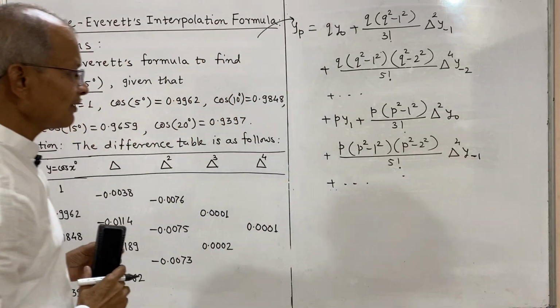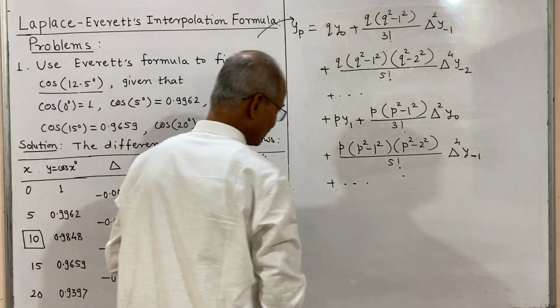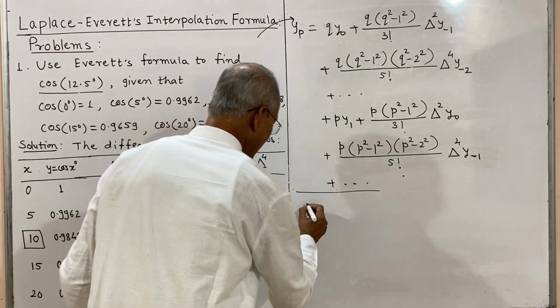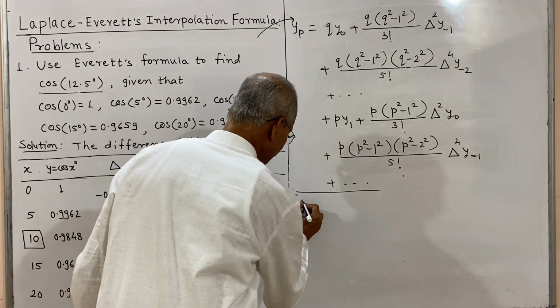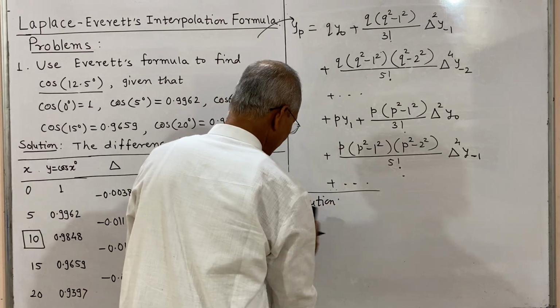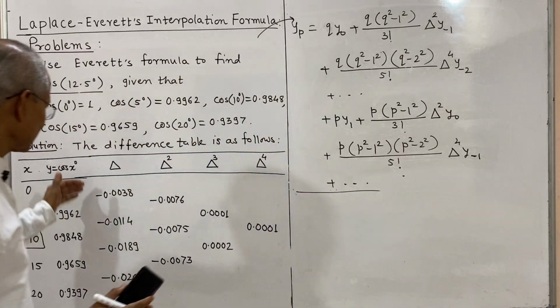Before that we will require the value of p. First we find out the value of p. This is the solution for the problem. I have written it here itself, because in the solution the difference table is constructed.